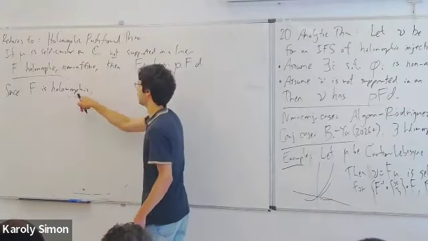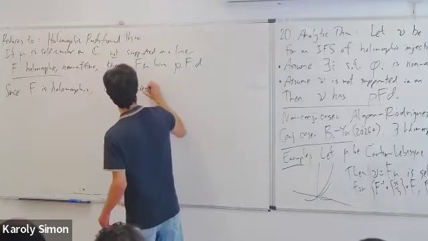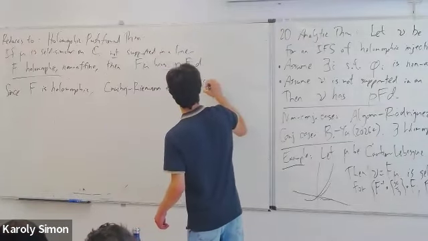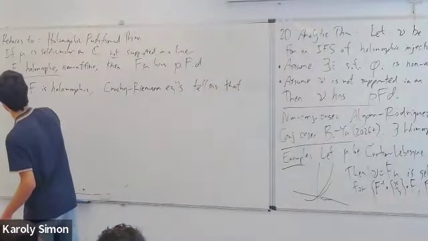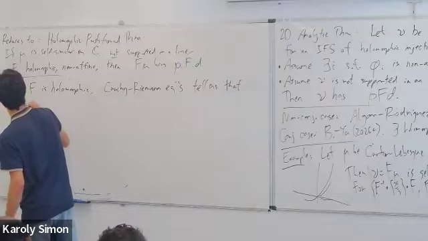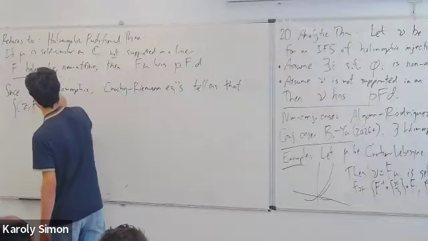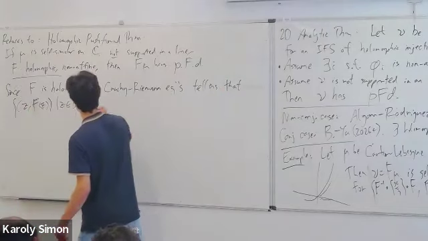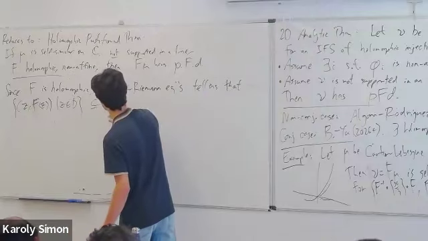So in particular, polymorphic means that we can use the Cauchy-Riemann equations, which tell us that the graph of F, (z, F(z)) in this domain, is a subset of C^2 or R^4.